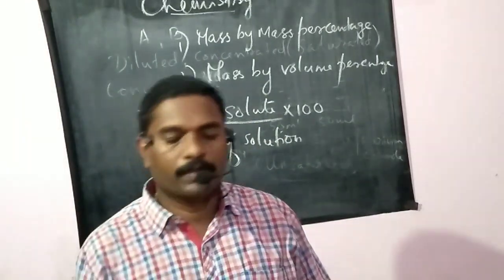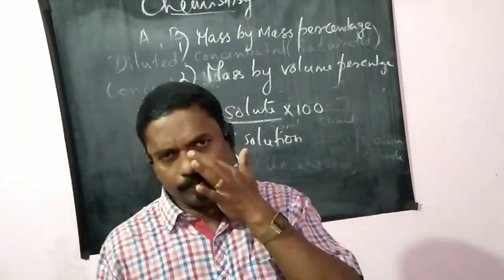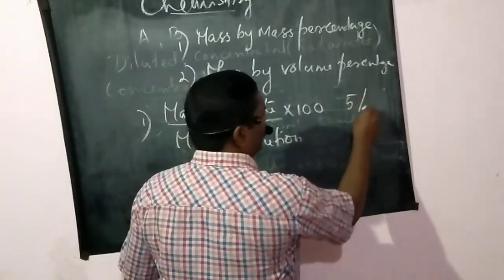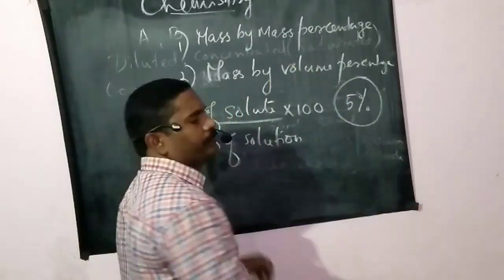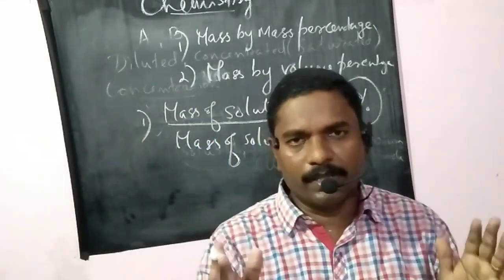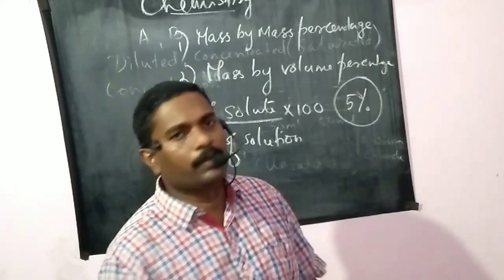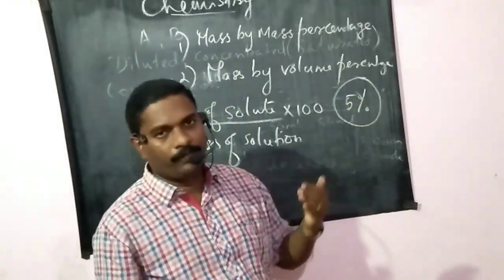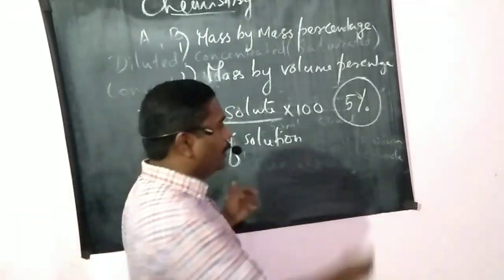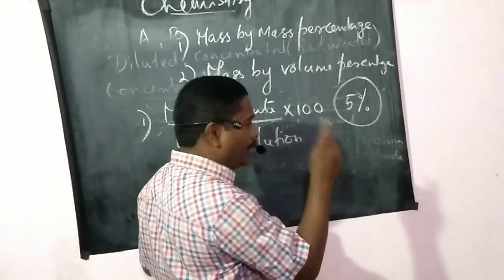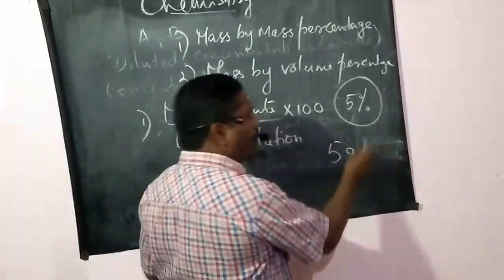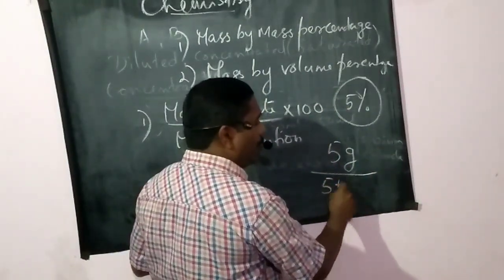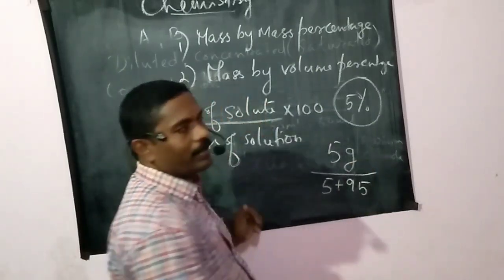A simple example: a 5% solution of sodium chloride, or salt solution. A 5% salt solution means the solution contains 5 gram of salt in 95 gram of water.